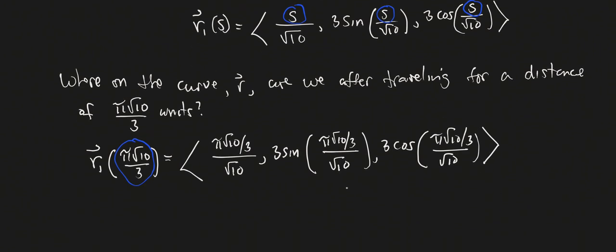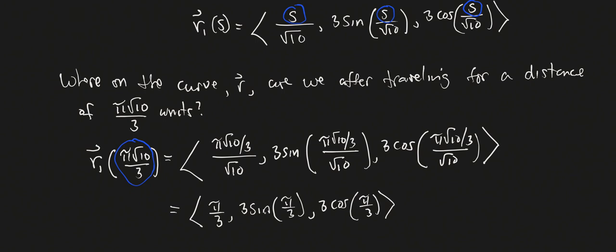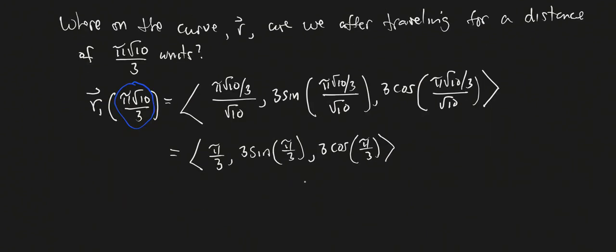The root 10s all go away. So this one boils down to pi over 3. Here we have 3 sine, and again the root 10 goes away, so pi over 3. And then finally, cosine of pi over 3. So once we evaluate our sine and cosine, we have our values.